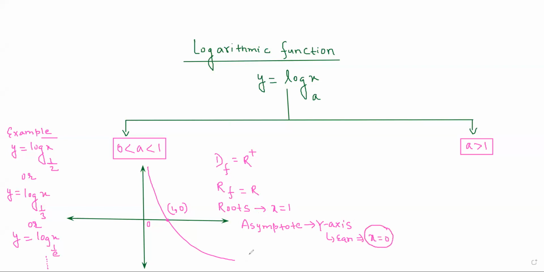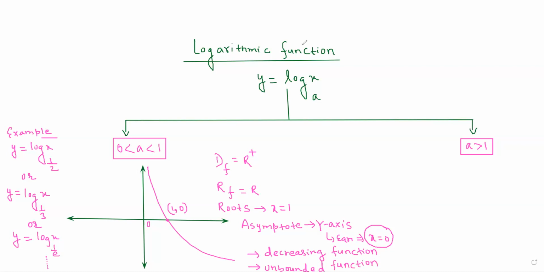The graph is a decreasing function. Bounded or unbounded? The graph is unbounded function. So this is the graph whenever a lies between 0 to 1.